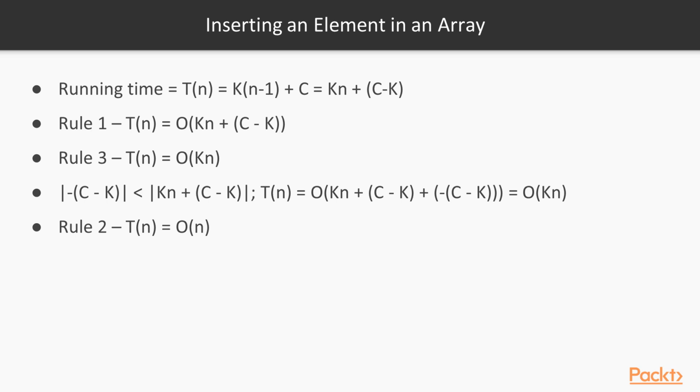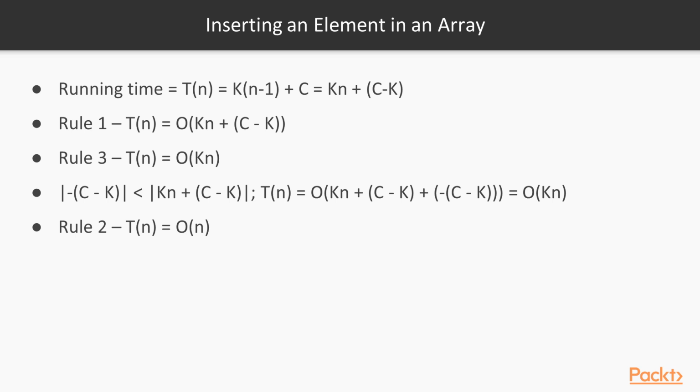As per Rule 1 of the definition of big O, T(n) is equal to O(Kn + C - K). As per Rule 3, T(n) is equal to O(Kn). We know that |-C - K| is less than |Kn + C - K| is true for sufficiently large n.